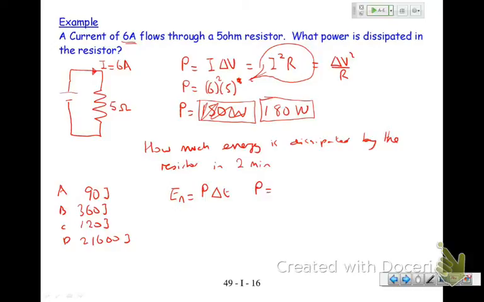Because power equals energy over time, or work over time. That's my basic definition, so rearrange it. My power is 180, but my time cannot be 2. It's got to be in seconds. So 180 times 120. So that's where that comes from. And I can't tell you how many times in a test I'll see people multiplying by 2.